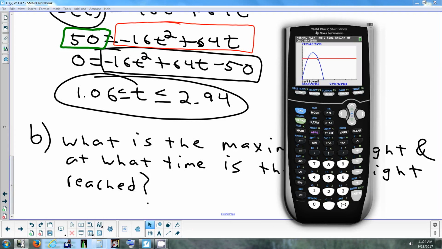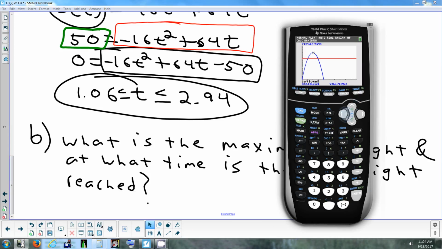Okay, number 4. Did we do a maximum last week? No. Okay, the way it works is you got to make sure you're on the blue curve. If you're on the red curve, then just hit your up or down arrow, and it'll move you to the other one.